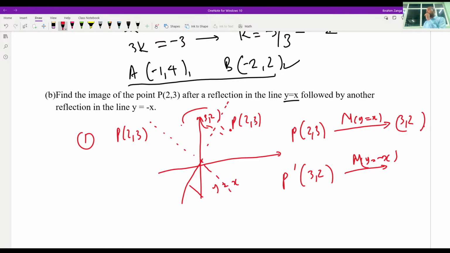So the point 3, 2 now will be on the negative side. So we'll have negative 2, negative 3. So that is the reflection in the line y equals negative x.